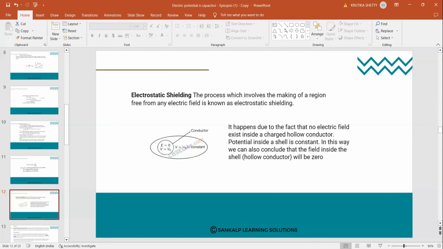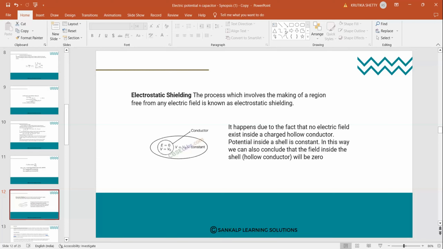The human body is a good conductor of electricity. So if we are moving around outside at this time, our body will catch those charges, and it will affect our body. For that reason, during the rainy season, during thundering and lightning, we are not supposed to go out of the house.